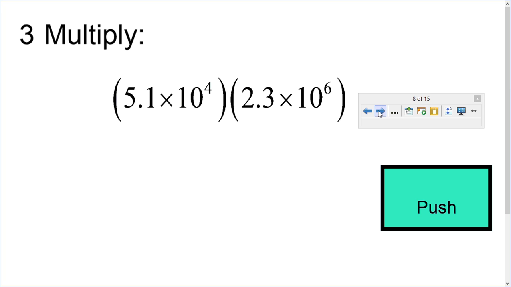So here's our first problem. We want to multiply the coefficients. So let's get the coefficients and see what those are. The coefficients are the first numbers in each set of the parentheses. So I'm going to take 5.1 and I'm going to multiply that by 2.3.